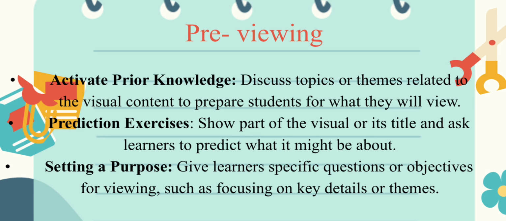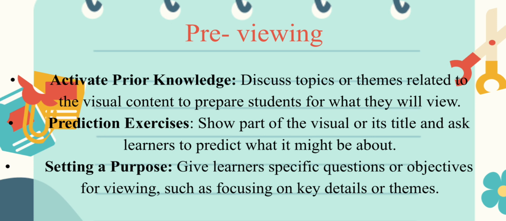For instance, before showing the visual, give the students specific questions or objectives to focus on while viewing. For example, as you watch, pay attention to how the filmmaker conveys the message of the importance of preserving wildlife, or focus on how images of the city in the advertisement reflect the values of the brand.